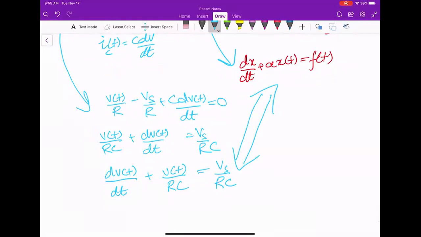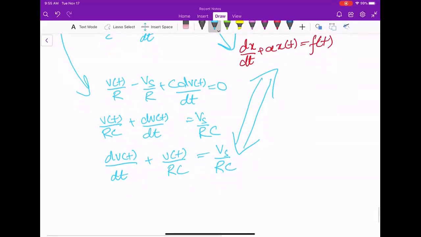What I'm seeing here is that in these two forms, x is v of t, a is 1 over RC, and f of t is Vs over RC.